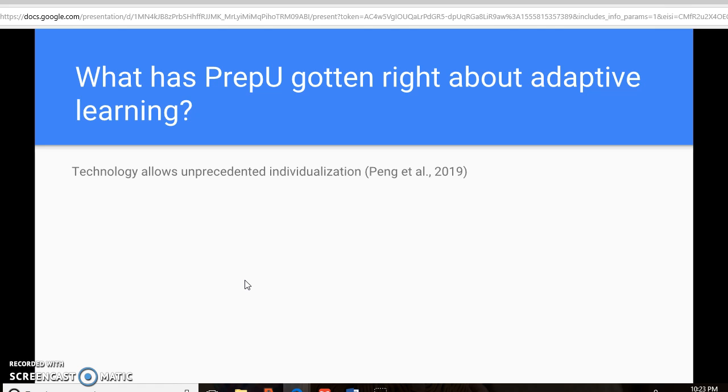PrepU is essentially a technology that allows a greater level of individualized instruction than previously available. Basically, it is a technology that allows for adaptive quizzing.